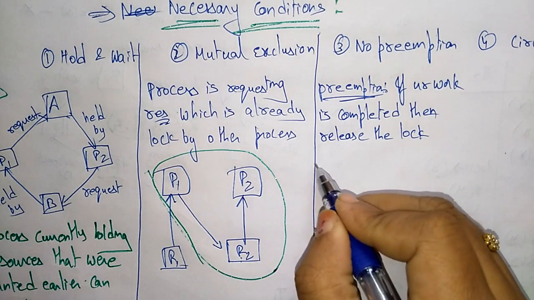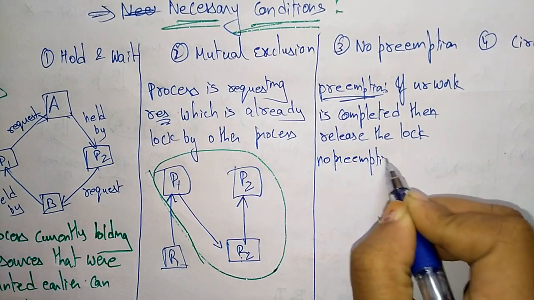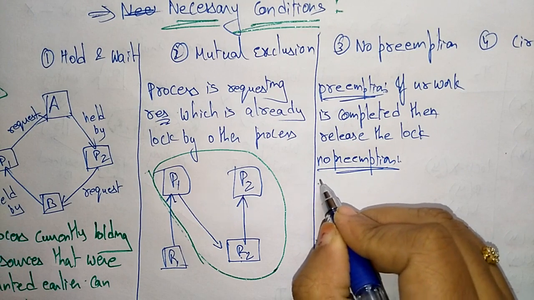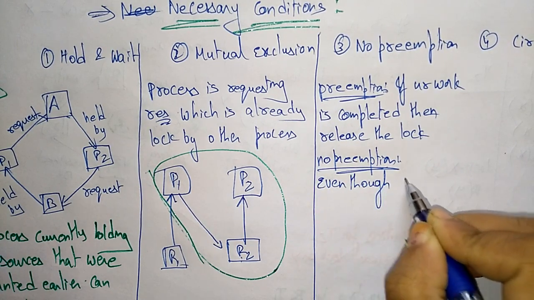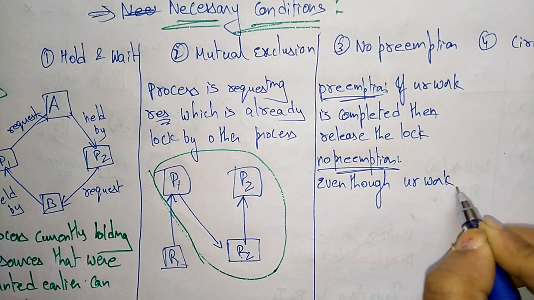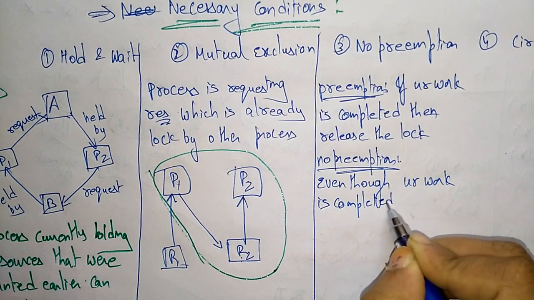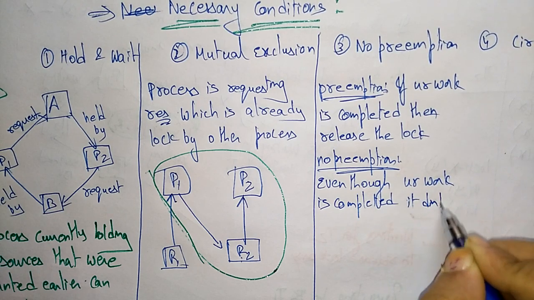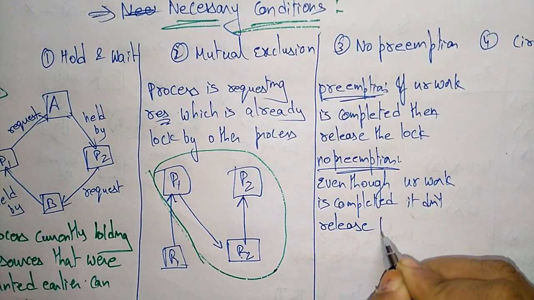Then what is non-preemption? Non-preemption means even though your work is completed, it didn't release the lock.